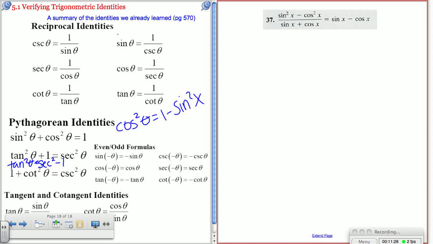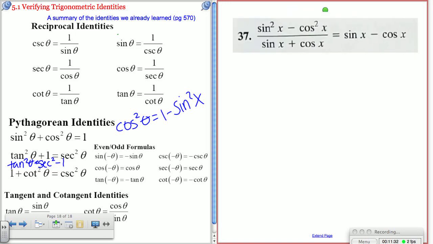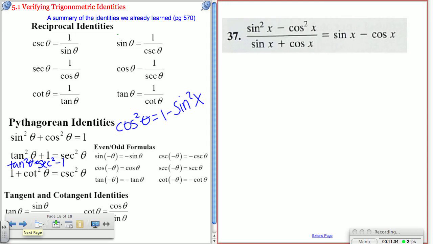Looking at the last one, sine squared x minus cosine squared x. All right, let's see.